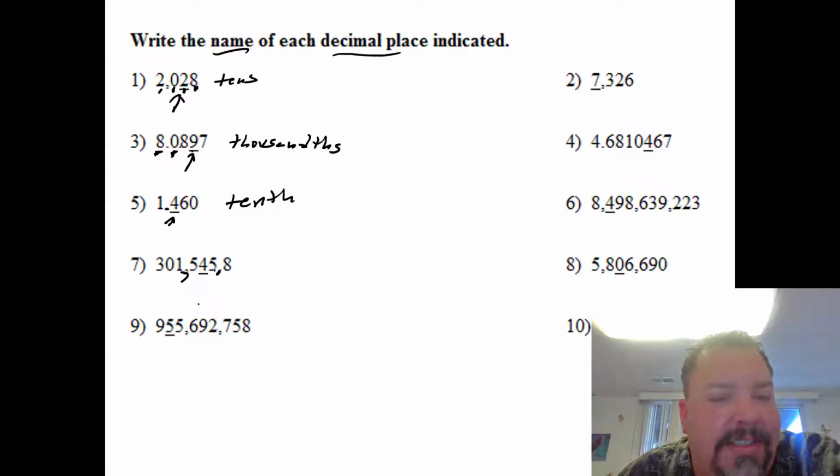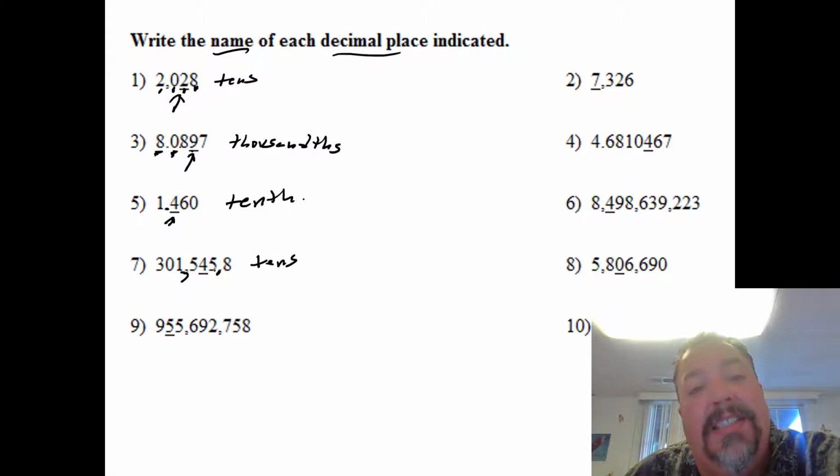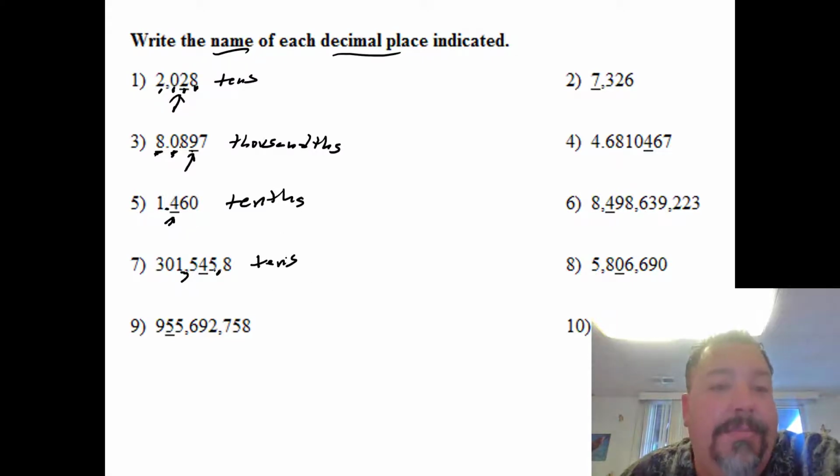So the 5 is in the 1 spot, and the 4 would be in the tens spot. Notice the difference between tenths and tens. If I keep going with this, so we got the tens, and then the 5 would be in the hundreds, the 1 would be in the thousandths, the 0 is in the 10,000ths, and the 3 would be in the 100,000ths place.